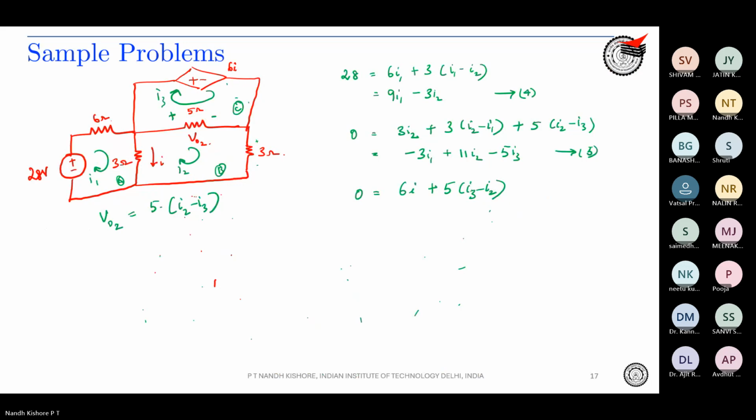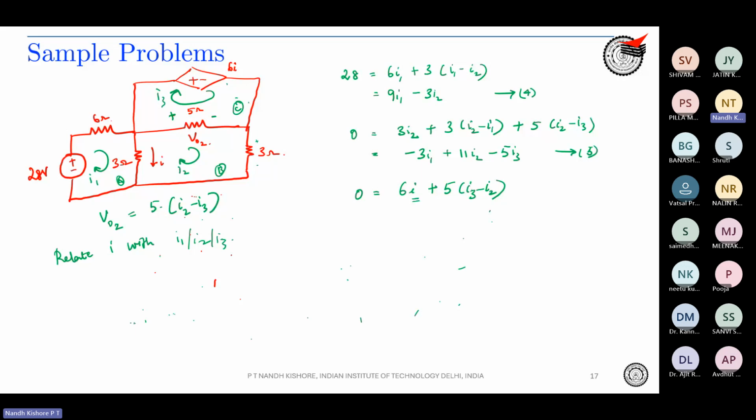So again we have the variable I, and of course we have I1, I2, and I3. So we have to relate I with I1, I2 or I3.